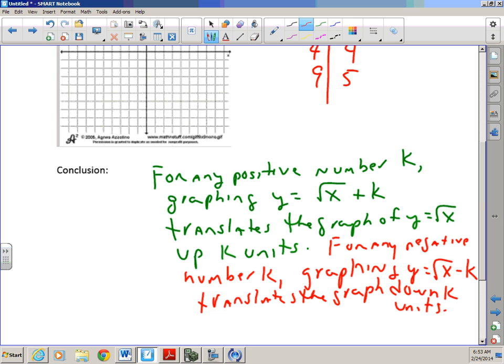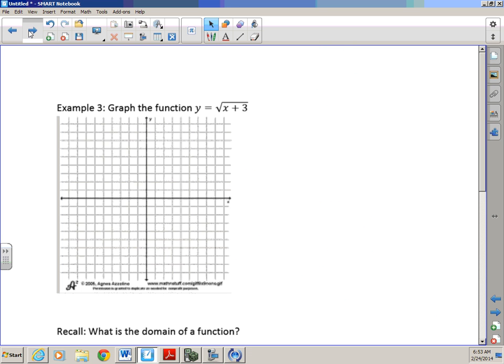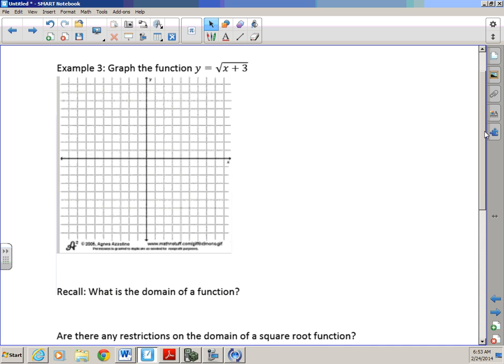So what we want you to realize is that there is a translation going on here. Remember, translation is a shift or slide of the original figure. So if the value is outside the radical, then we're going up and down. So you should then be saying to yourself, what happens if it goes inside the radical?